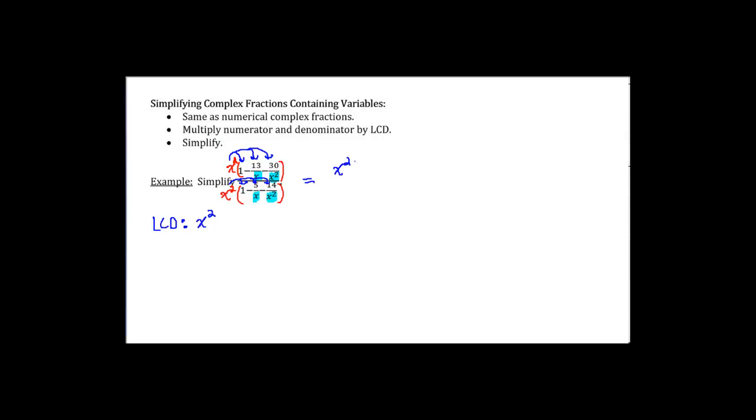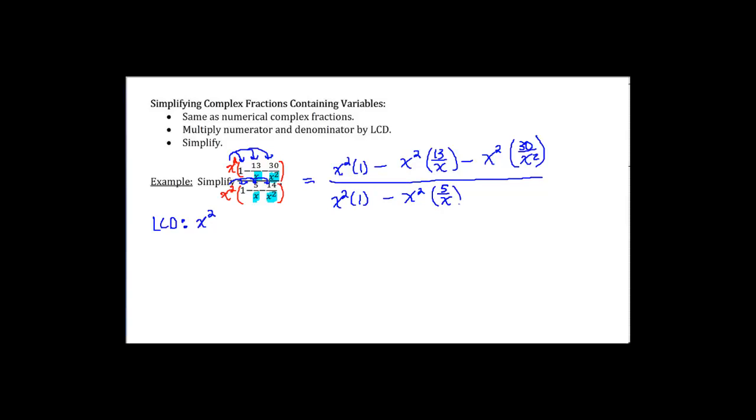I'm going to have x squared times 1 minus x squared times 13 over x minus x squared times 30 over x squared. That's just my numerator. Let's go to the denominator. We're going to have x squared times 1 minus x squared times 5 over x minus x squared times 14 over x squared.